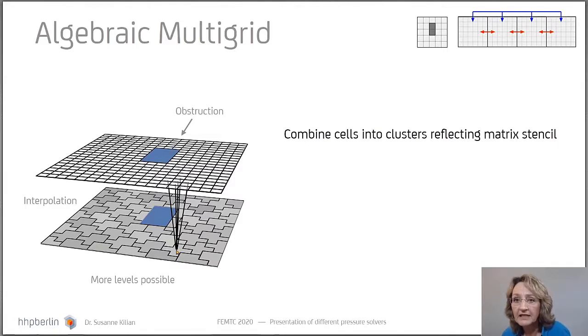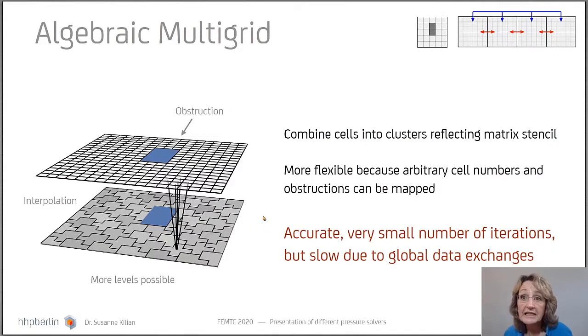This clustering is done in such a way that it reflects the structure of the matrix stencil as closely as possible, which is important for the interpolation which has to take place between the grid levels. So the great advantage of this strategy is that it handles unstructured grids without any problem, in contrast to the geometric multigrid. But for sure it also requires global data exchange because it really solves the global Poisson equation.